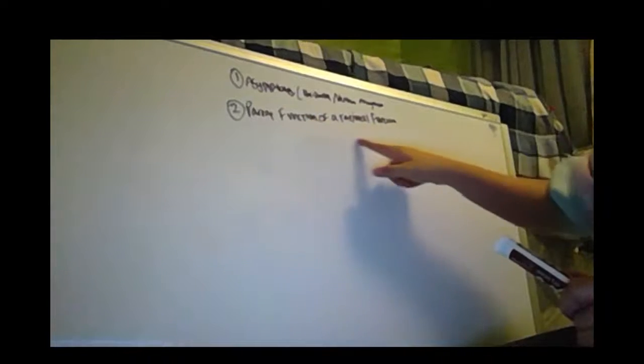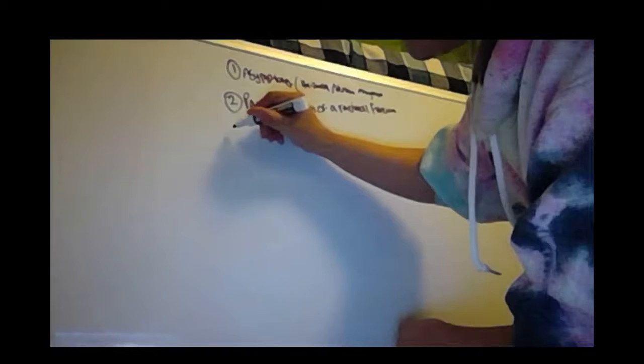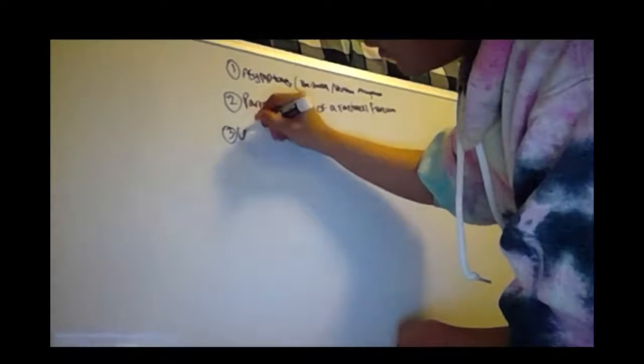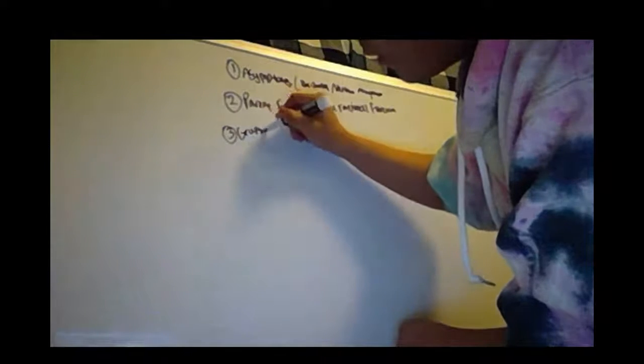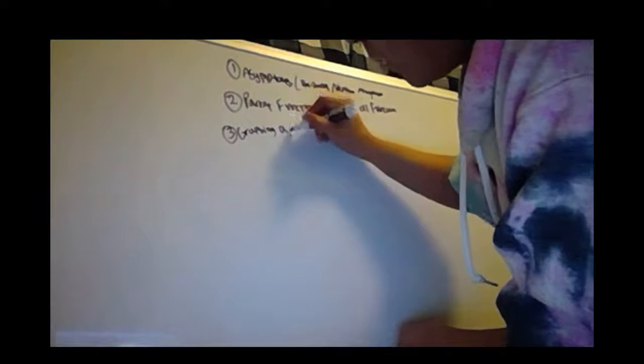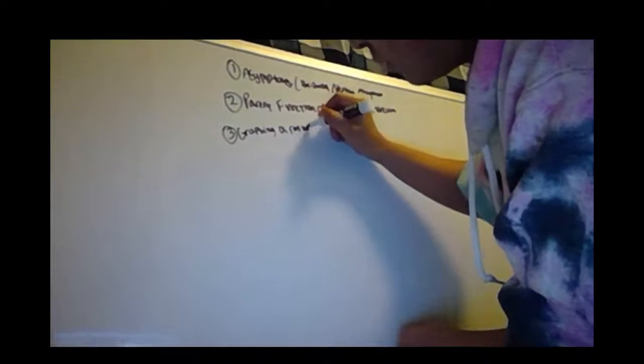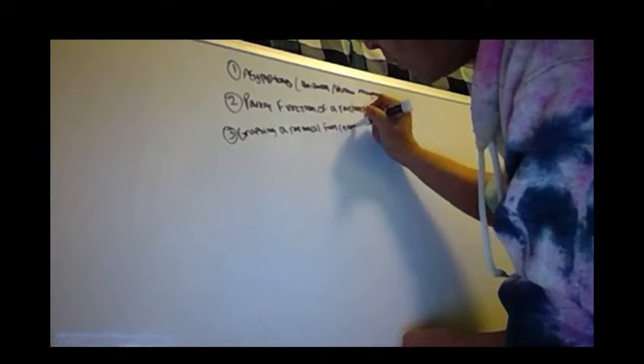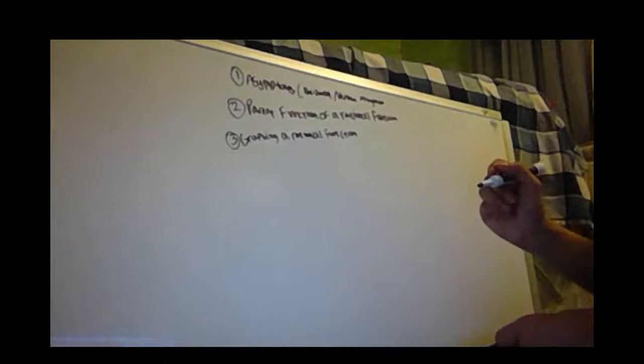So basically we went over asymptotes, and then the parent function of a rational function. We then went over graphing a rational function, at least I think we did. If not, we can always do it again on here. I'll do my best to graph it.